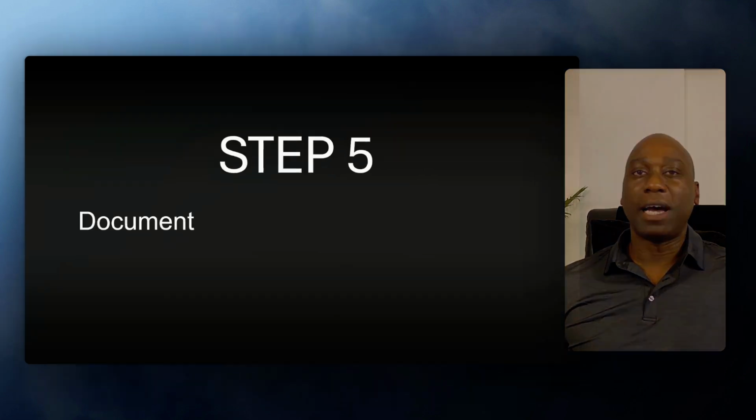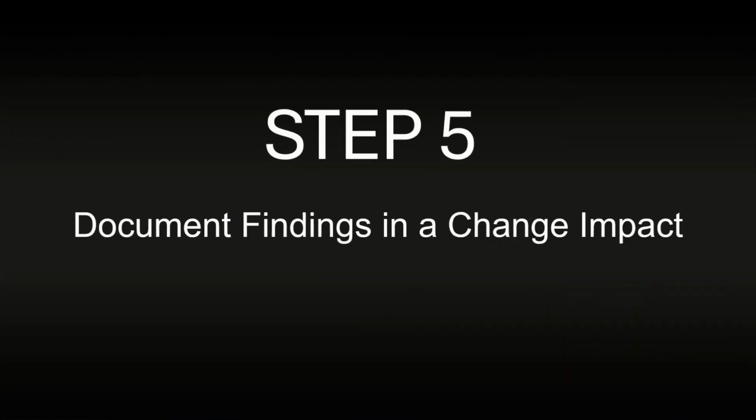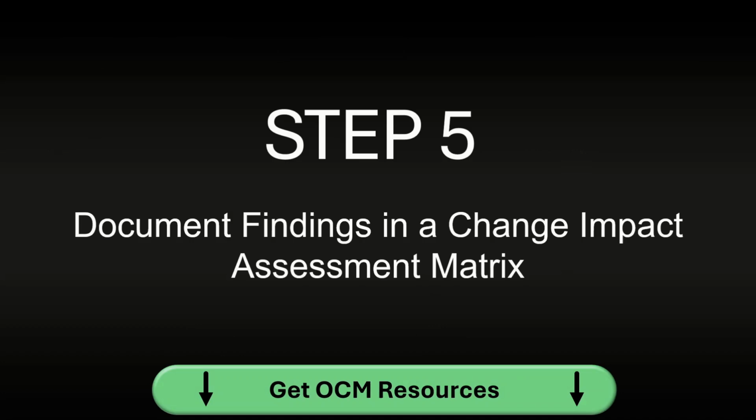For step number 5, you will want to document your impact assessment findings in a change impact assessment matrix. This matrix can be built in Excel, or you can use an online template, or you can also use the all-in-one OCM solution software where impacts can be tracked dynamically.